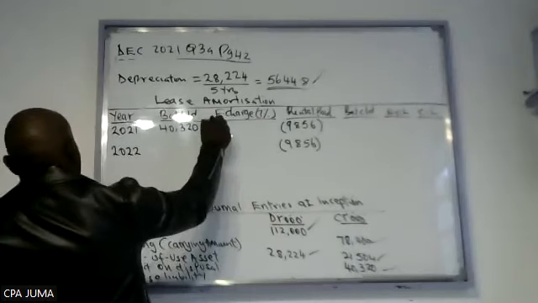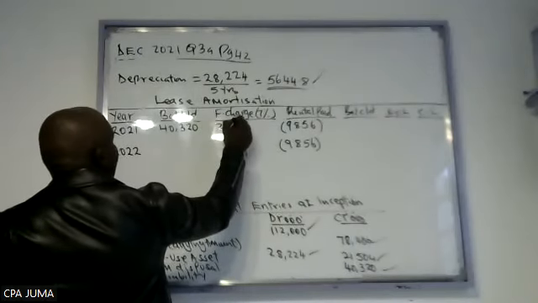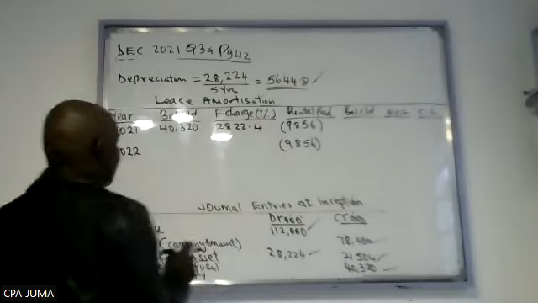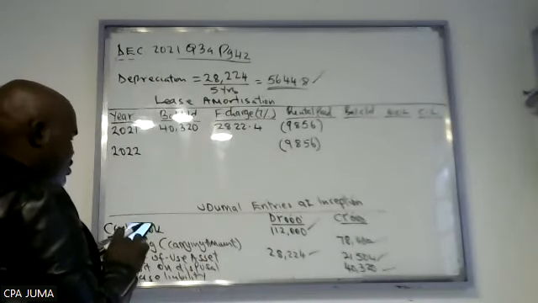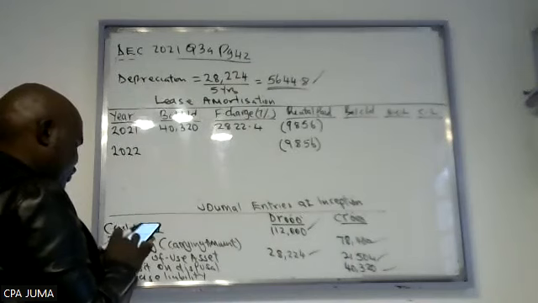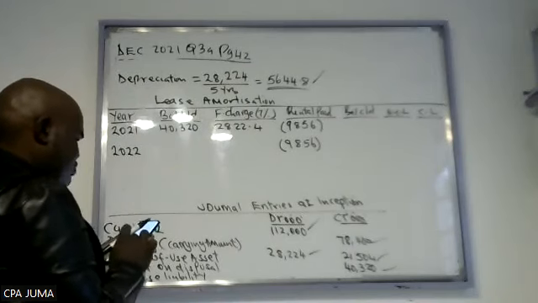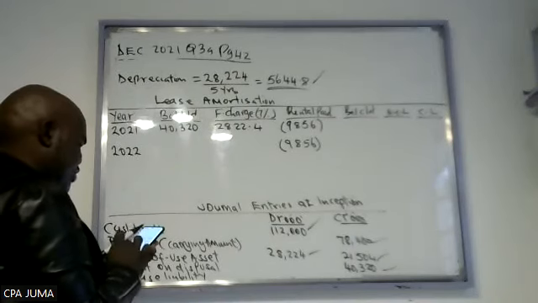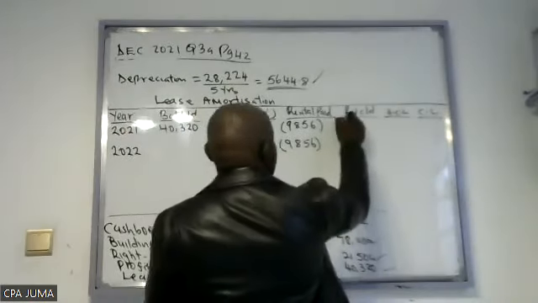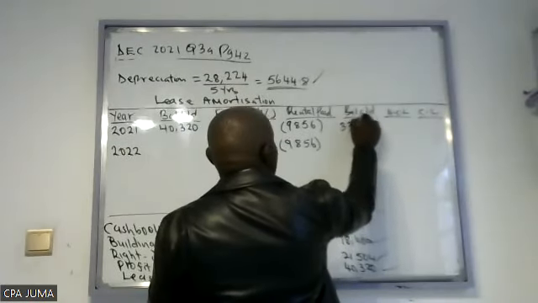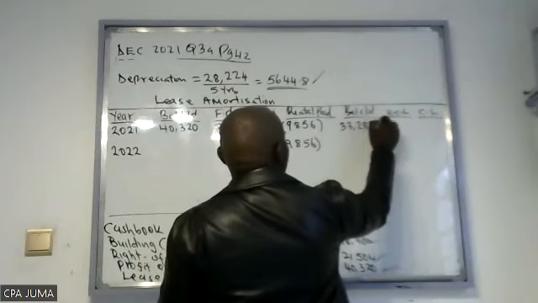I'm getting 22.4 plus 40,320 minus 98.56. So this is 33,286.4.